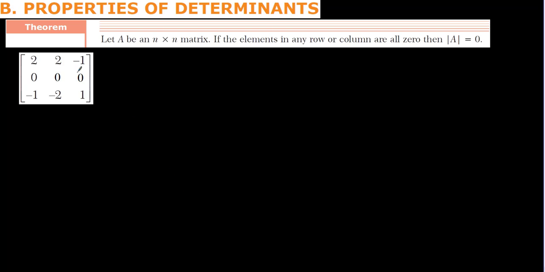So here, as a matrix, I have written this matrix, and in this matrix, this row is completely equal to 0.